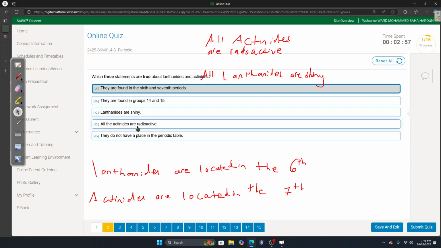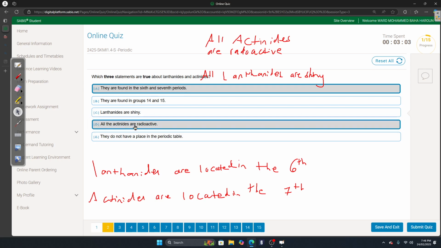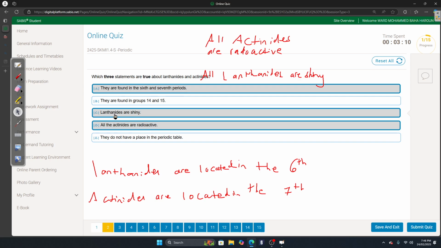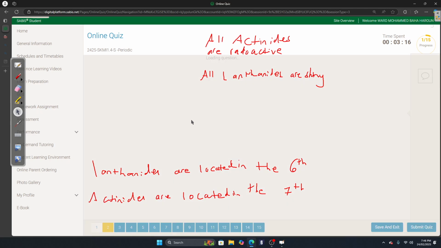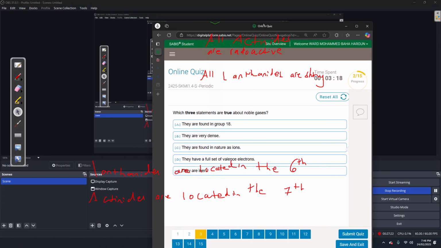Since they are located in the 6th and 7th, they do have a place in the periodic table, so this is wrong. All actinides are radioactive. I have a way of memorizing this, but I'm not going to share it with you because it's a stupid way. Lanthanides are shiny. They are not found in groups 14 and 15 because they are found in periods 6 and 7. Please screenshot it if you want.